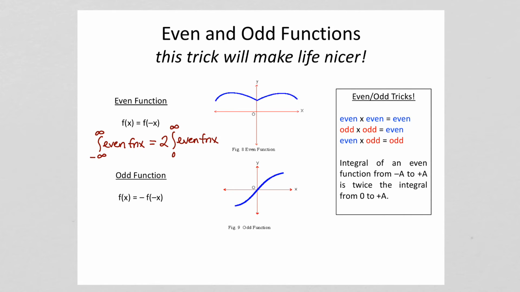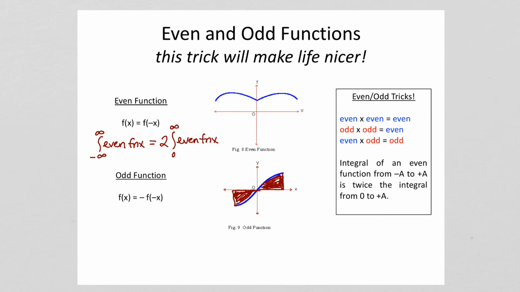What we want to notice is that when we're integrating, we're taking the area under the curves, right? So if we take that area and add it to that area, what are we going to get? We're going to get 0, because we've got our positive area there, and we have the exact same negative area there. They're going to add up to 0.